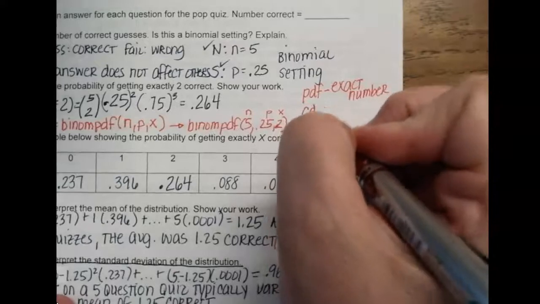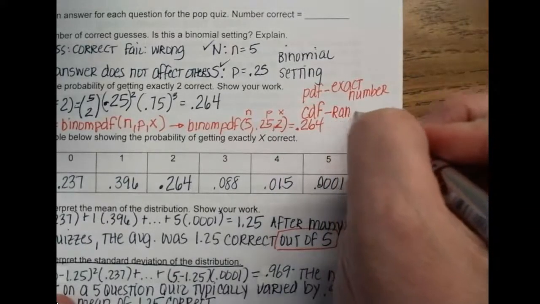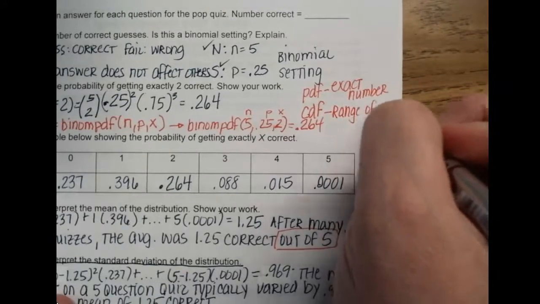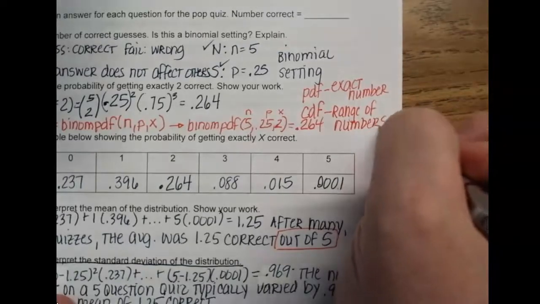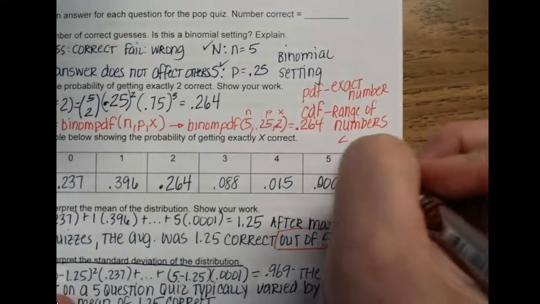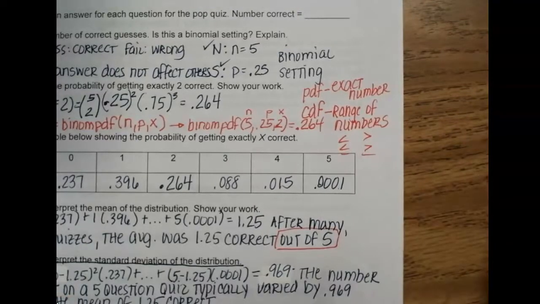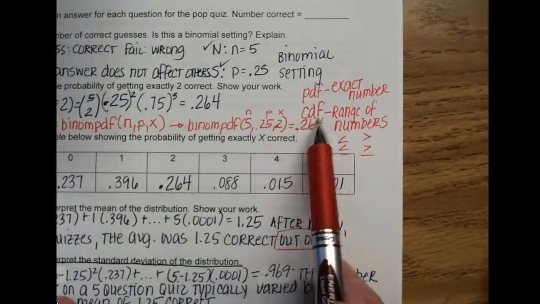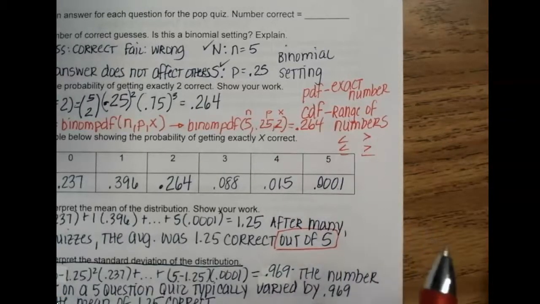The CDF is for a range of numbers, and that's when you're going to be using your inequality symbols. So PDF is a particular exact number. CDF accumulates, it adds them all together for a range of numbers for you.